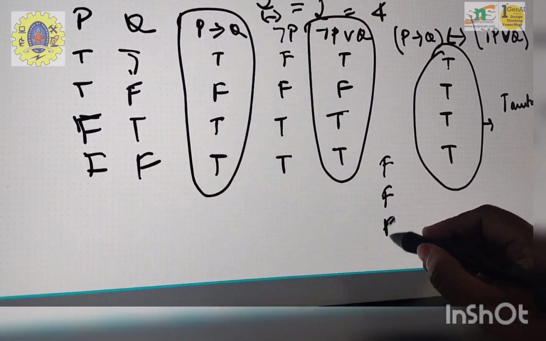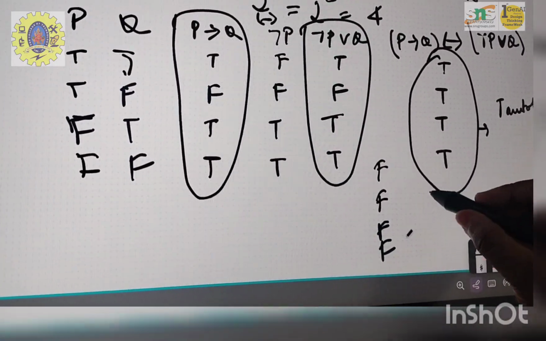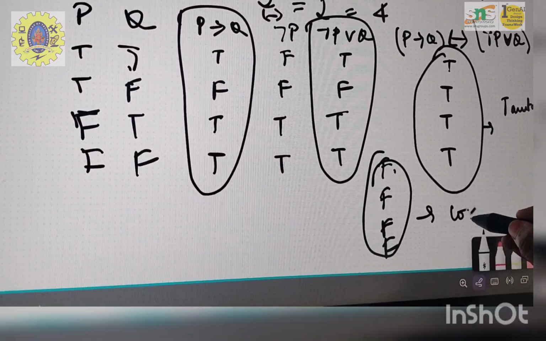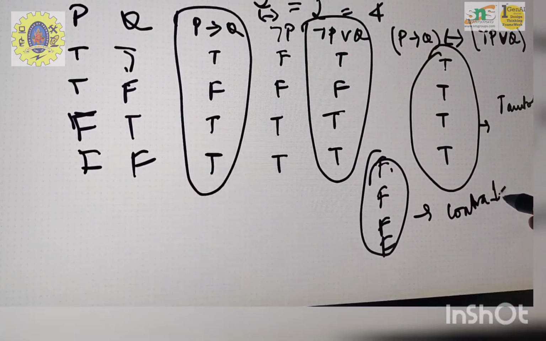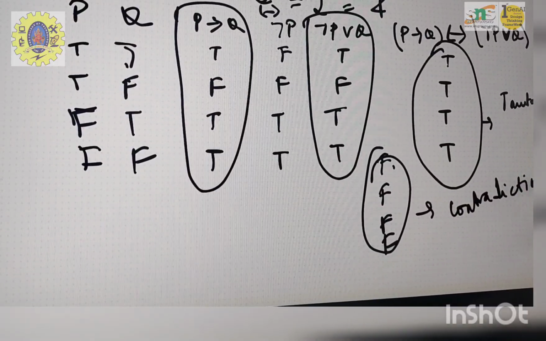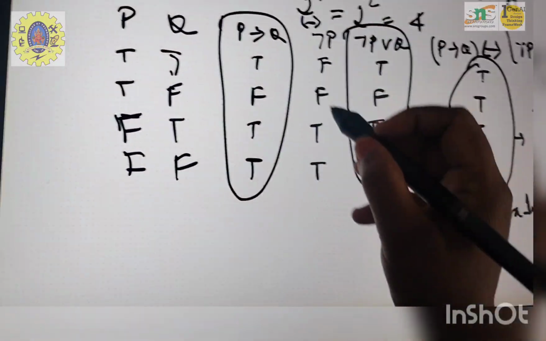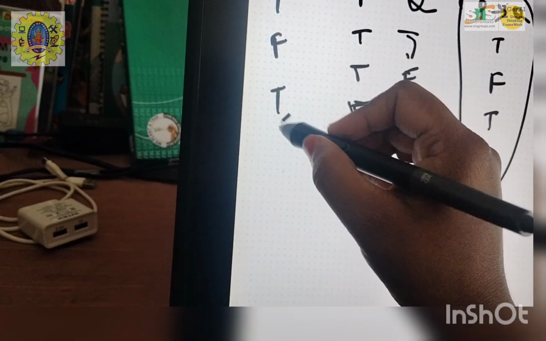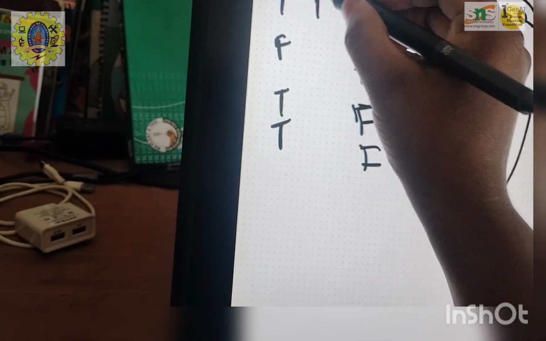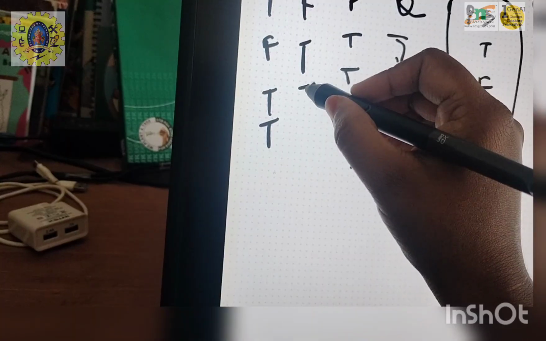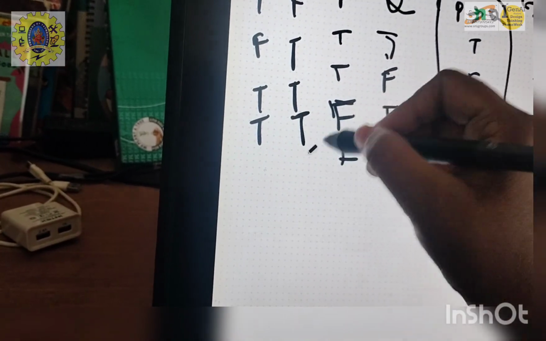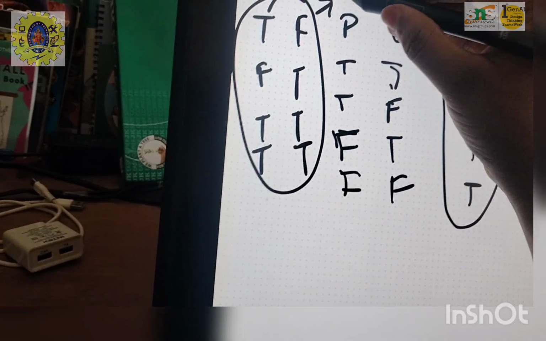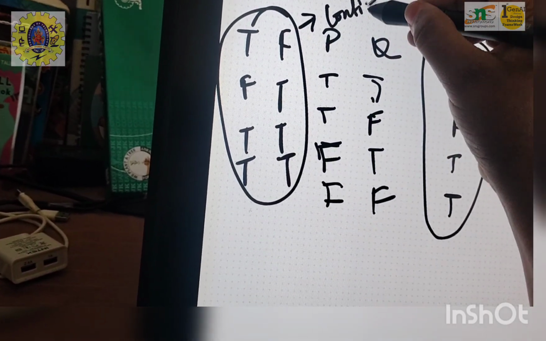If we get values like true, false, true, true, or false, true, true, true, then it is called a contingency.